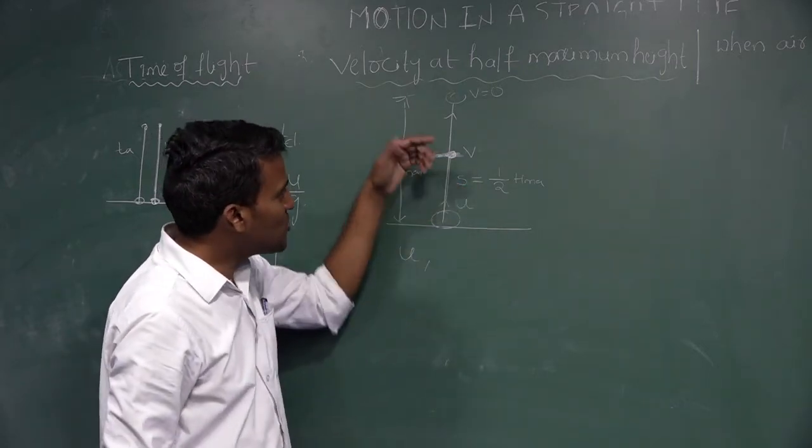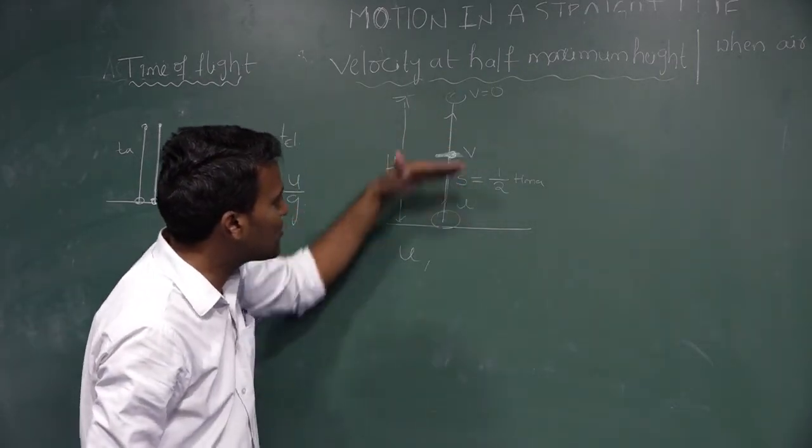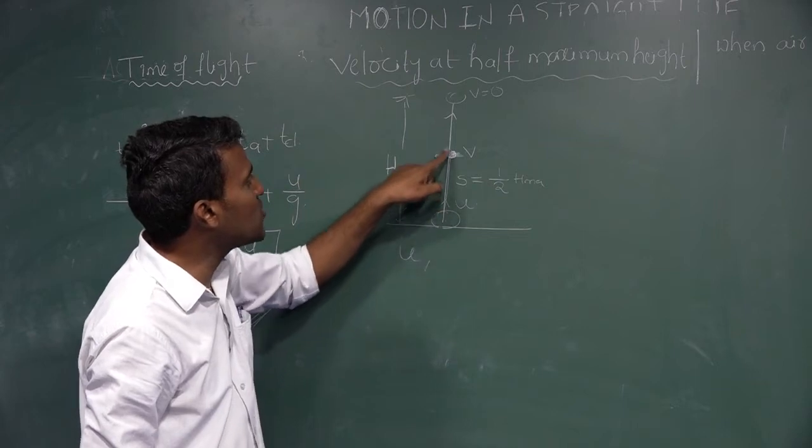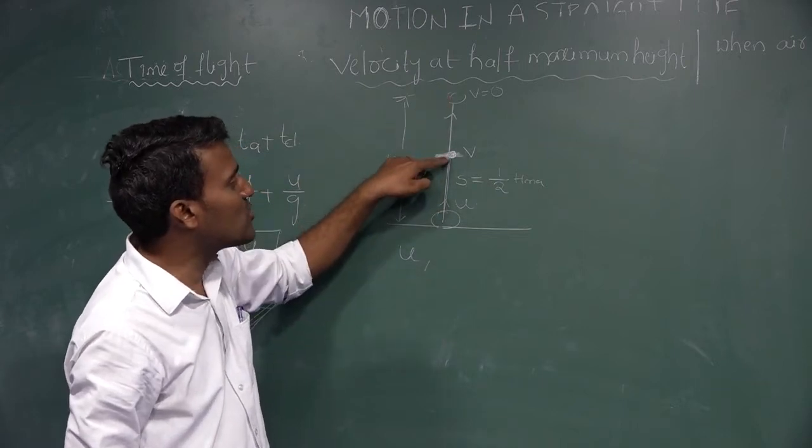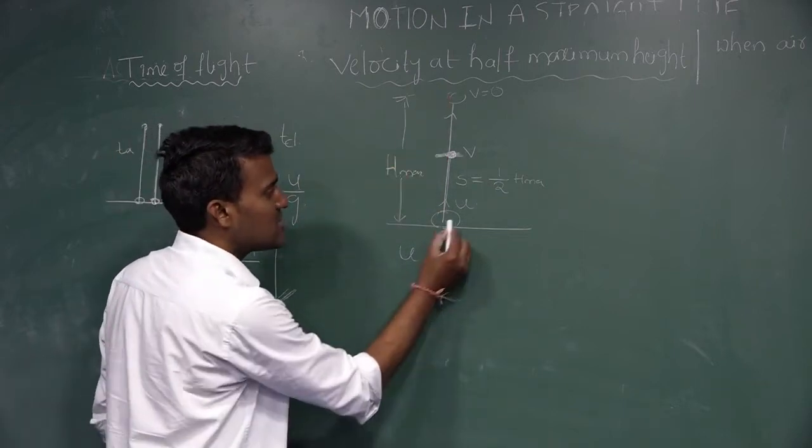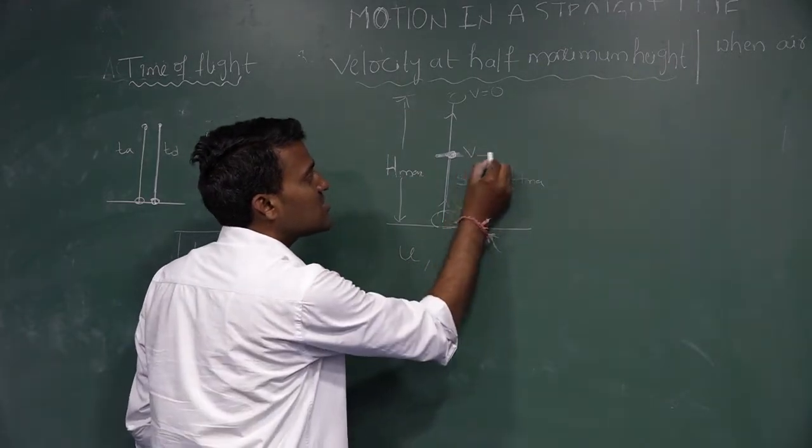When velocity is 0, the object will fall from there, but the object is going up to here. So here what is the velocity? V, I am calculating. This is the initial velocity and this is the final velocity.